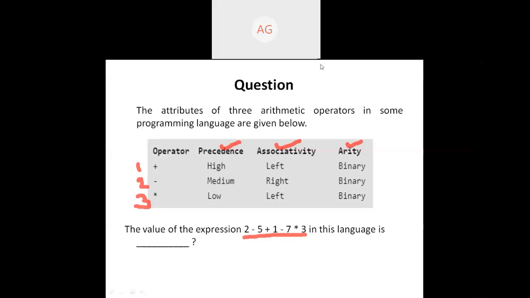So how many are there? Only 13 students are there. Now last minute is there. Other students need to try also.